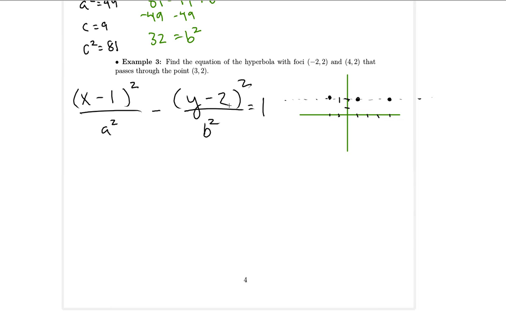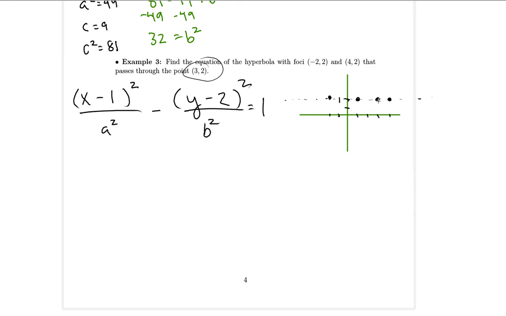All right, and so what's our task now? Our task is to figure out what a squared and b squared happen to be. What's the piece of information we haven't used yet? We haven't used that it's passing through the point (3, 2). So we go 1, 2, 3, up 2. That means this is a point on the hyperbola as well.